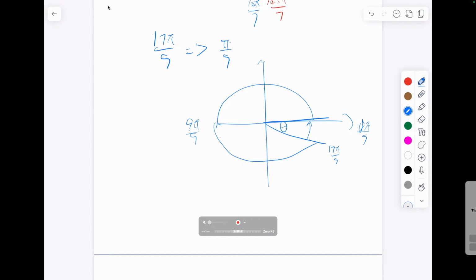Cosine squared theta is equal to 1 minus 9/25, which is 16/25. But that's cosine squared theta, right? What is cosine theta? Square root of 16/25, 4/5. Much longer way to do it, yeah, but you get the same answer.